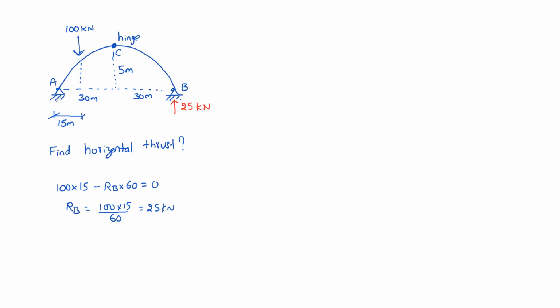RA plus RB equals 100, so RA equals 75 kilonewtons. Then the hinge horizontal thrust, okay, this horizontal thrust we need to find. Very simple. At C, at a hinge, bending moment is 0.